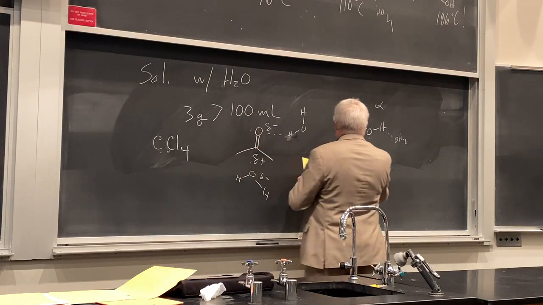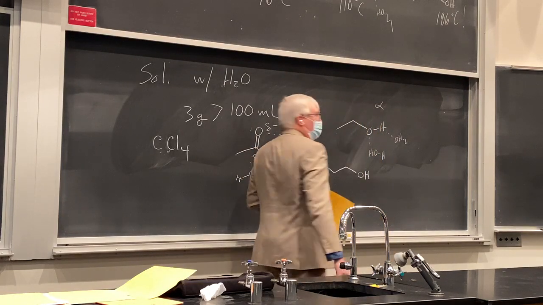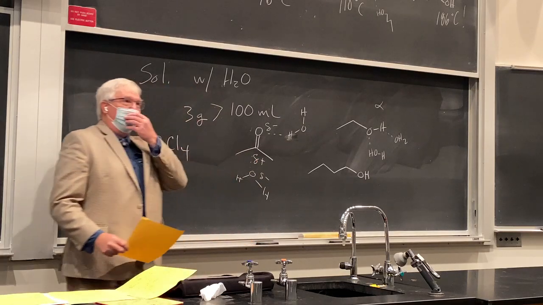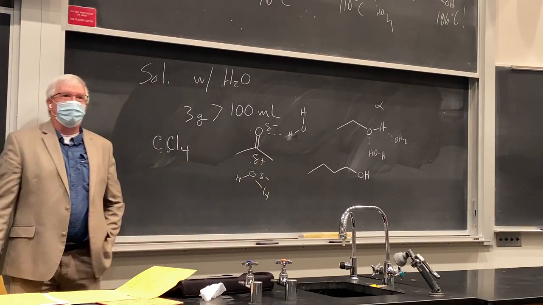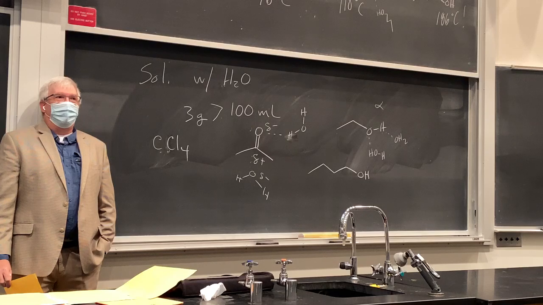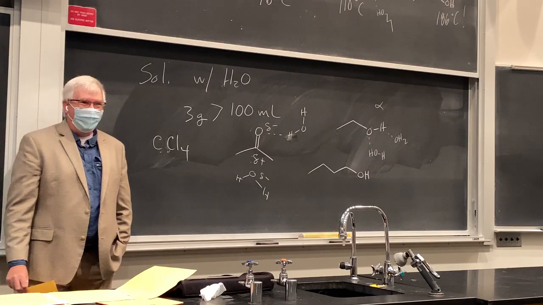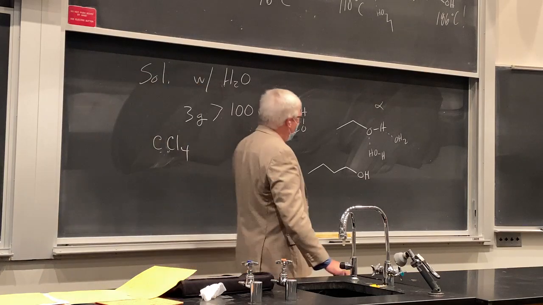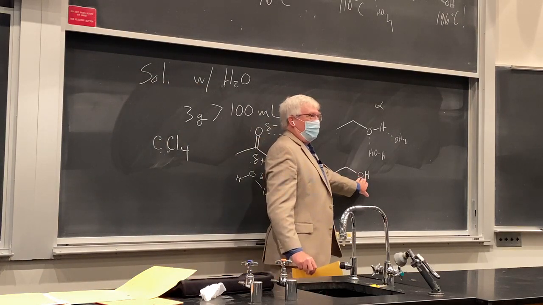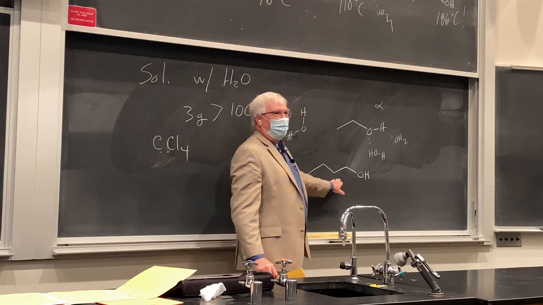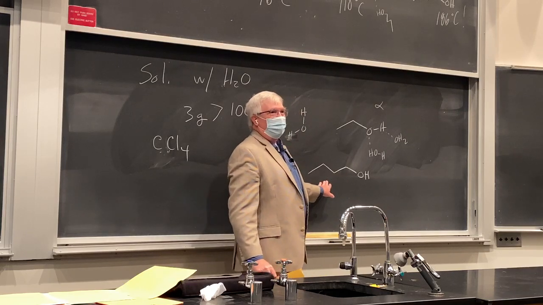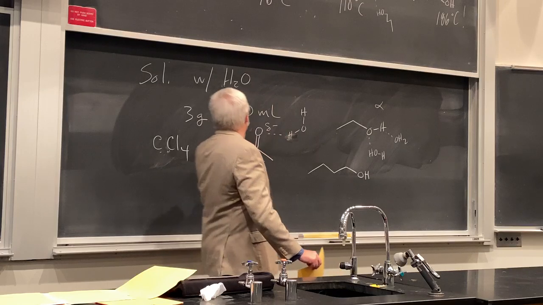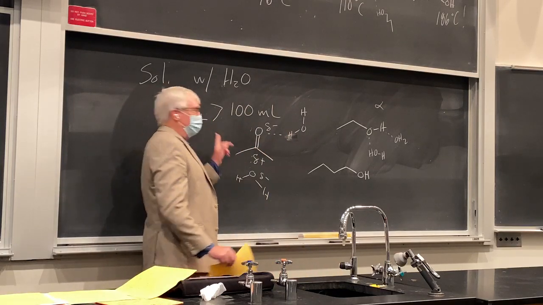Let's see. How about this one? Here we have a longer chain, right? Soluble or not soluble in water? What would you say? There's actually a rule invoked in chapter 3. What is it? If you have a polar functional group, you can have up to 5 nonpolar carbons, and it will still be considered soluble. It'll be in this range of more than 3 grams per 100 mils.